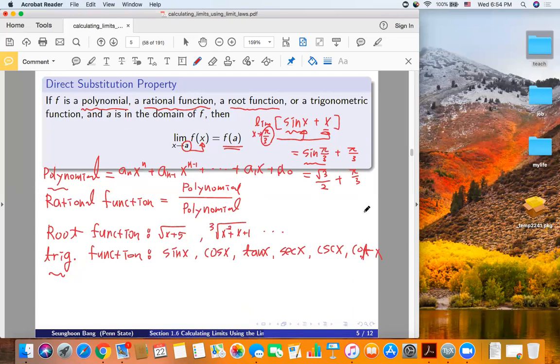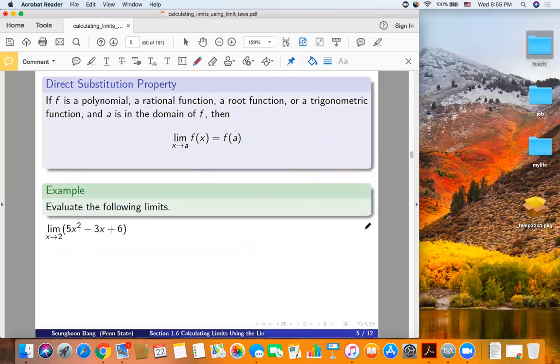So I'm going to give some more examples here. This one, 5x squared minus 3x plus 6, is a polynomial. How can you solve? Only plug 2 into x. So the answer is 5 times 2 squared minus 3 times 2 plus 6.